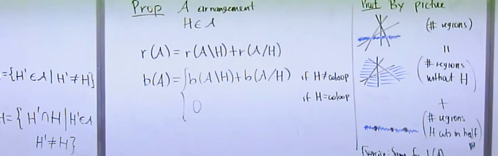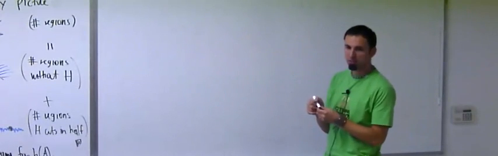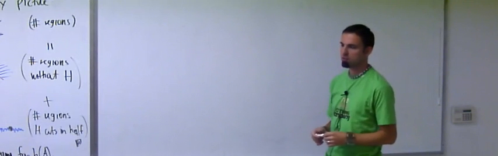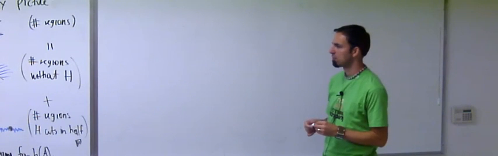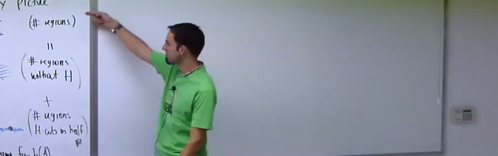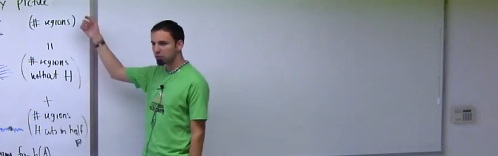And this is going to be basically the key ingredient of how we're going to translate our geometric question of regions into a combinatorial question about matroids. Because basically this is the one geometric argument that we're going to make. And make sure that you understand this one.